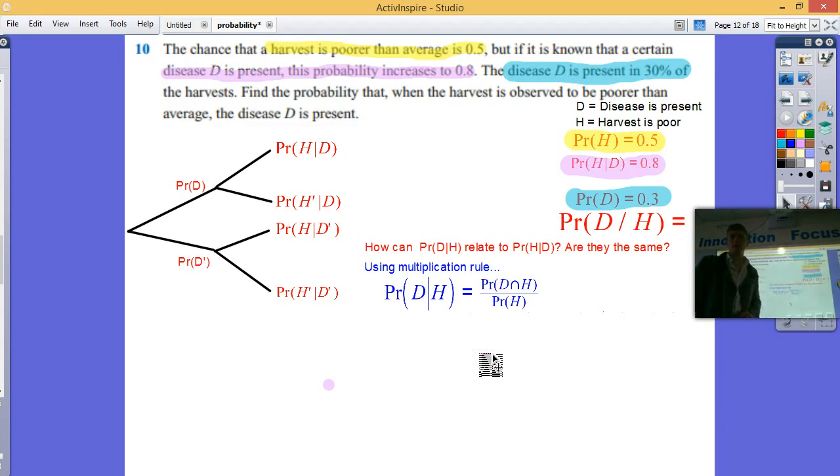So there's one representation using the multiplication rule. By transposing for the conditional probability part, I can write it like this.